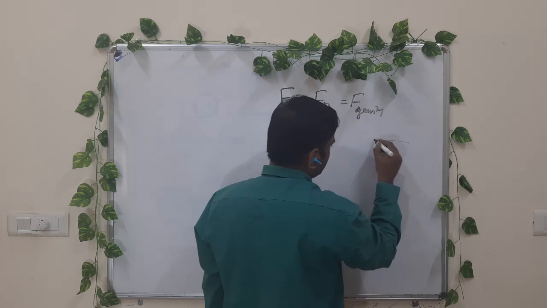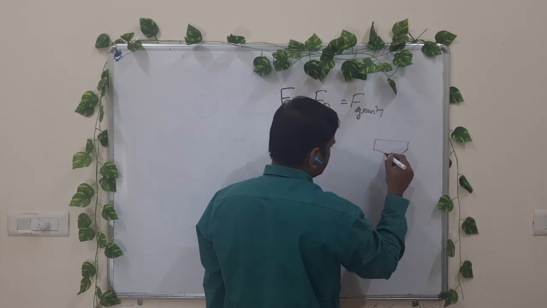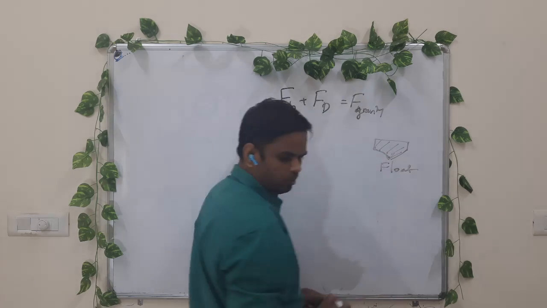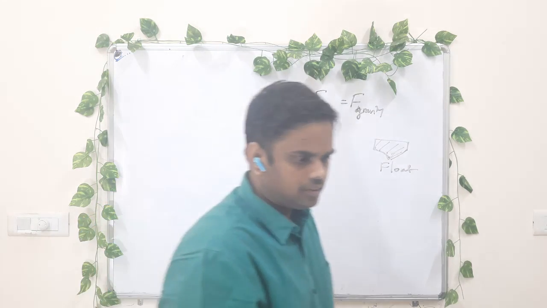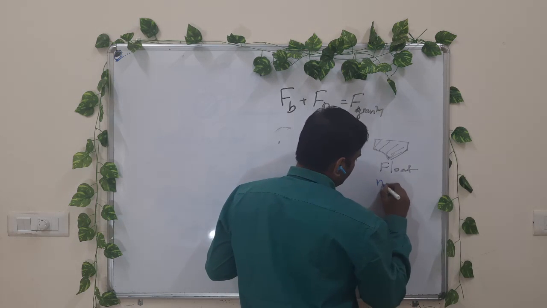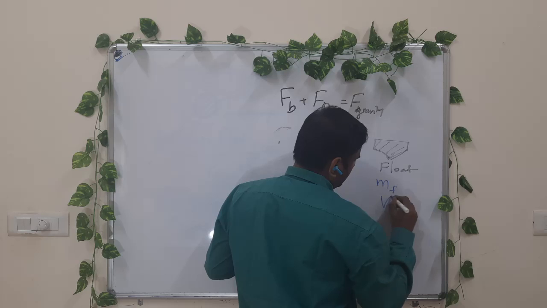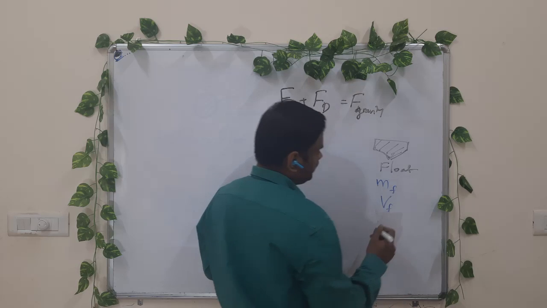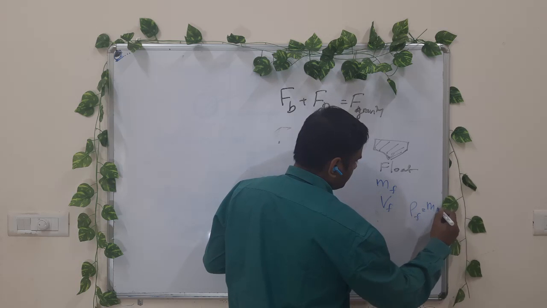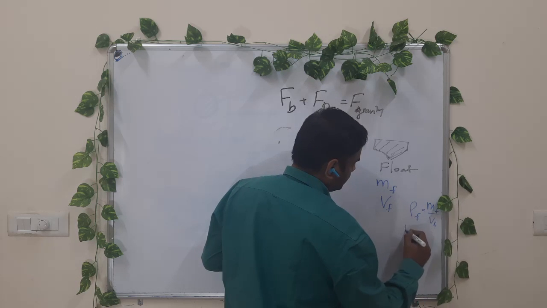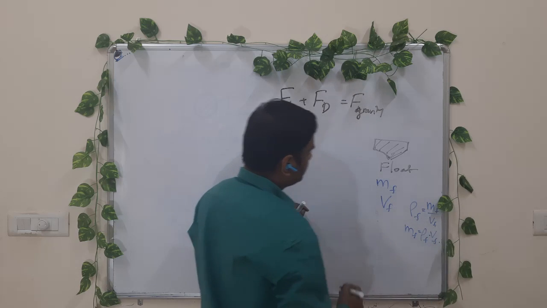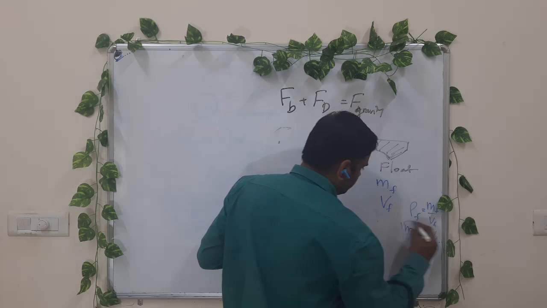Let us say the float, whatever is the shape of the float, the float material has a mass mf, volume occupied by the float is Vf. Then what is density of this float? Density is mf by Vf. So what is mf? Rho f into Vf. Okay, so that will be the mass of the float.